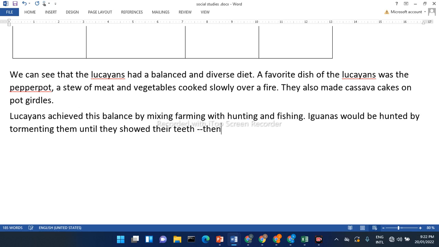Then stuffing something into their mouths, right? And tying them up. So that's the trick. They would torment these creatures until they show their teeth, and then they would quickly stuff something inside their mouths, and then they would tie them up.